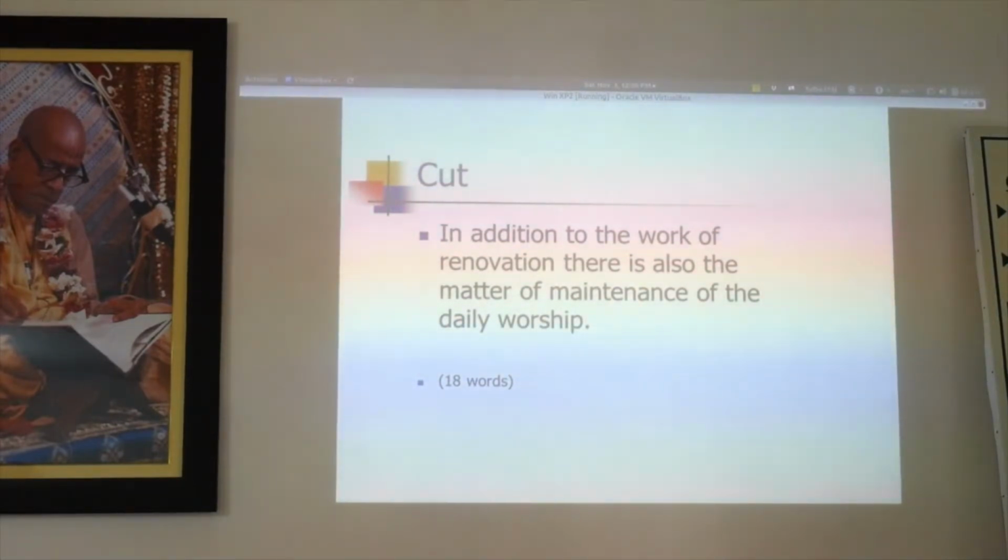How many words? 1, 2, 3, 4, 5, 6, 7, 8. 10. You say a day. You got a bit of the wordy, the matter of. Say it again. Additional to renovation works, there is maintenance of daily worship. Okay. Daily worship. You say a day.